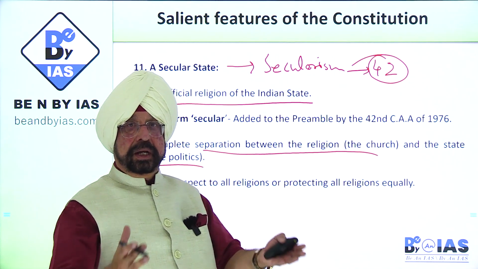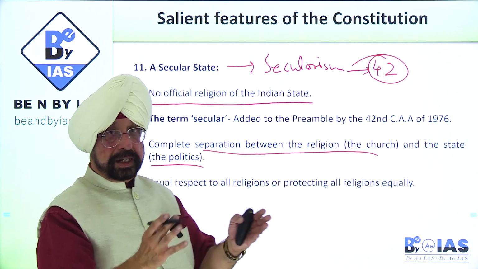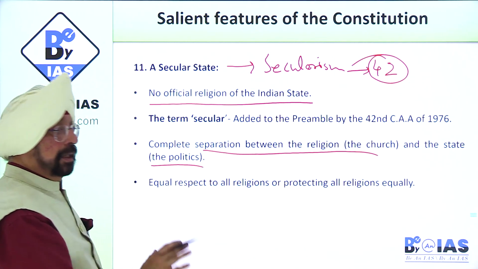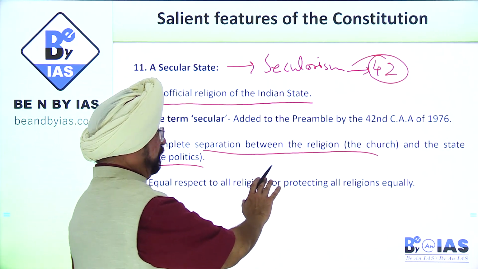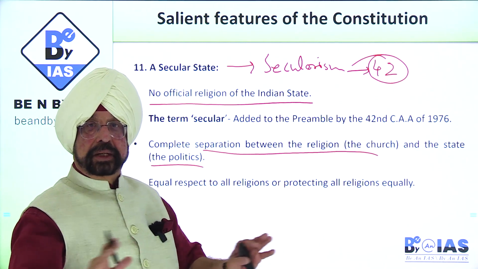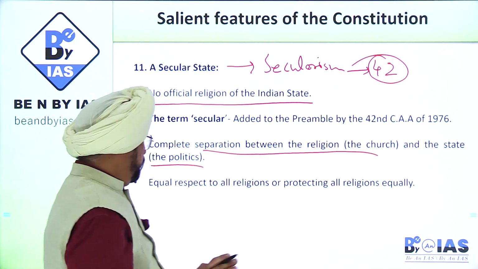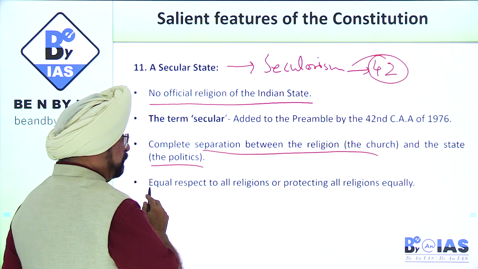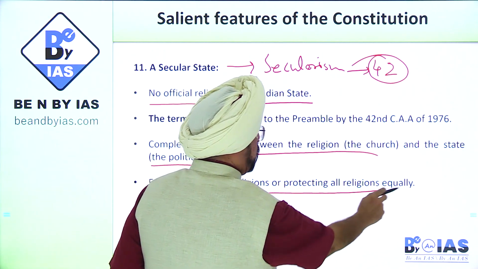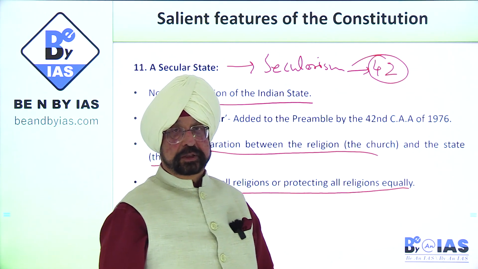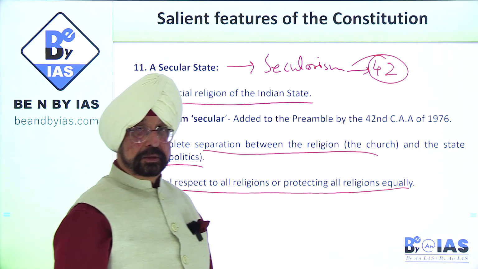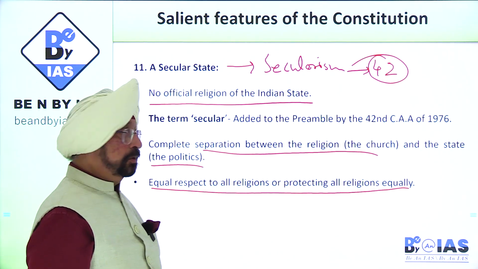The religion and the governance are treated as related. But in the case of a secular state, there is a complete separation. So, equal respect to all religions or protecting all religions equally. This is what is guaranteed through fundamental rights in the Constitution.